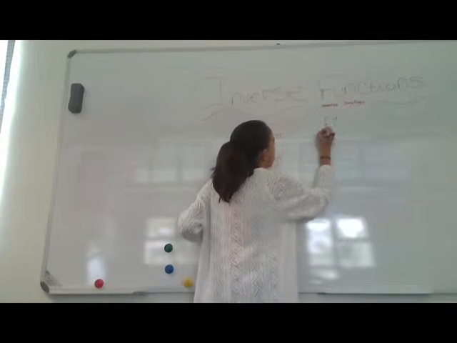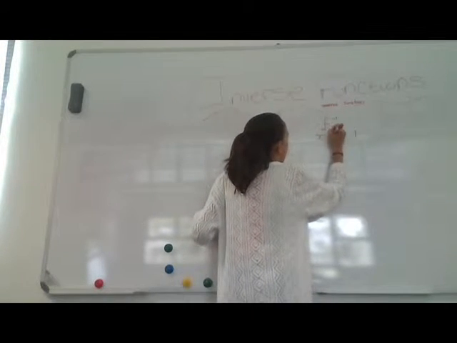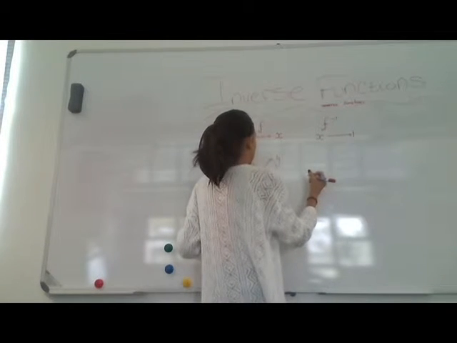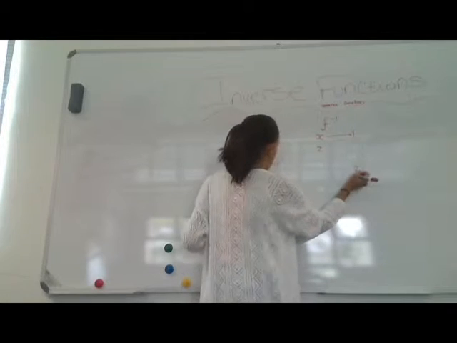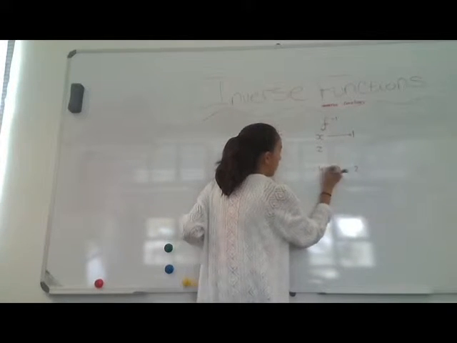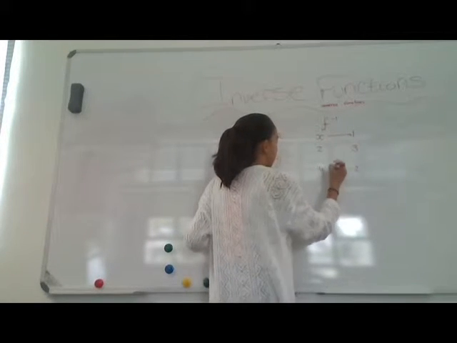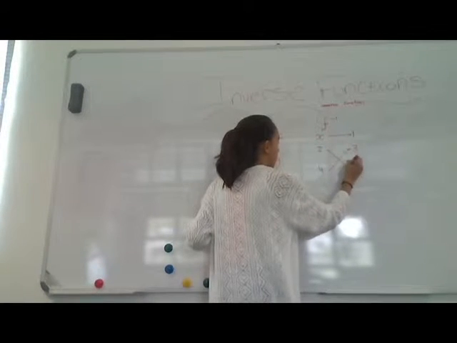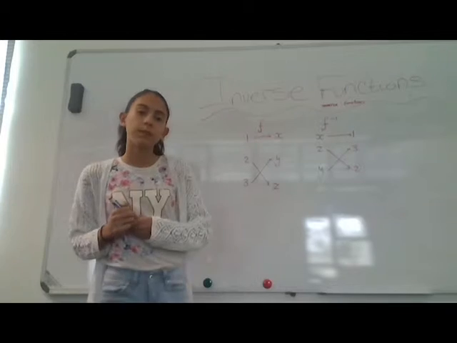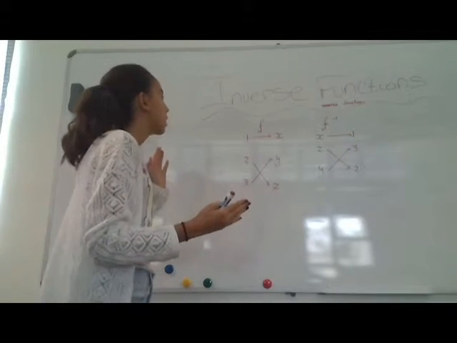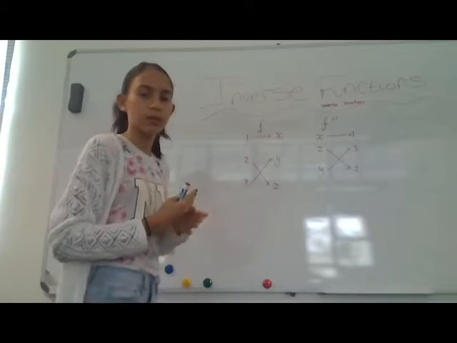It would go something like this. x would go to 1. z would go to 2. And y would go with 3. And that just shows that an inverse function is just a reverse function.